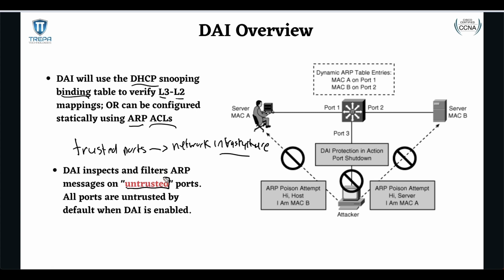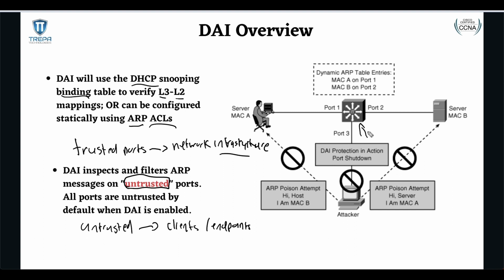And then the untrusted ports, these are going to filter the ARP messages, right? So when we get into the operation, we'll see how it filters on inbound traffic. But this is going to be for client or endpoints. You're going to set ports untrusted, which is the default, but the untrusted port should be any port that's facing an endpoint.